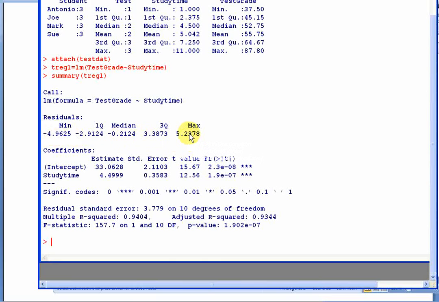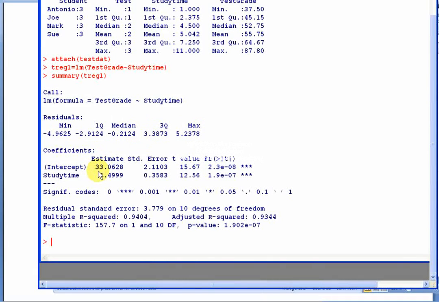It says that for one person we mispredicted their test score based on study time by 5 points. And there was another person we predicted 5 points, but one of these we predicted 5 points over, and the other we predicted 5 points under.